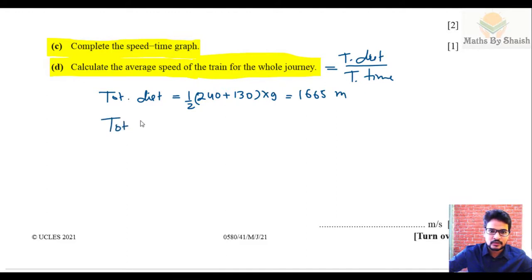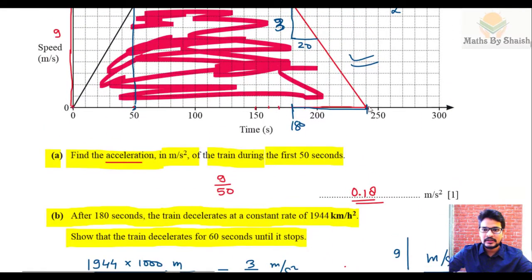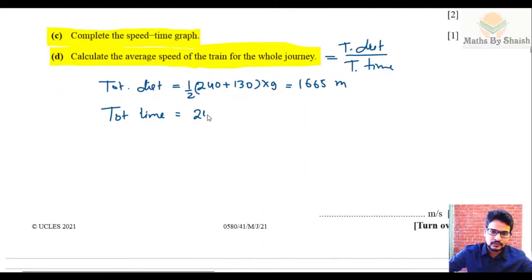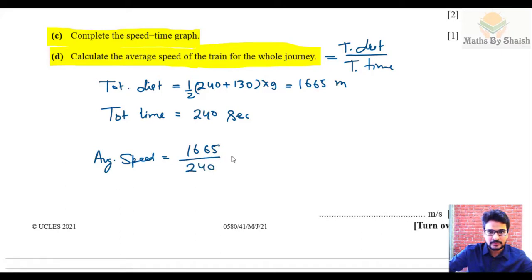And the total time, as we can see, goes till here, and it is 240, so total time is 240 seconds, and hence the average speed is 1665 upon 240 meters per second, and this comes to 6.9375.